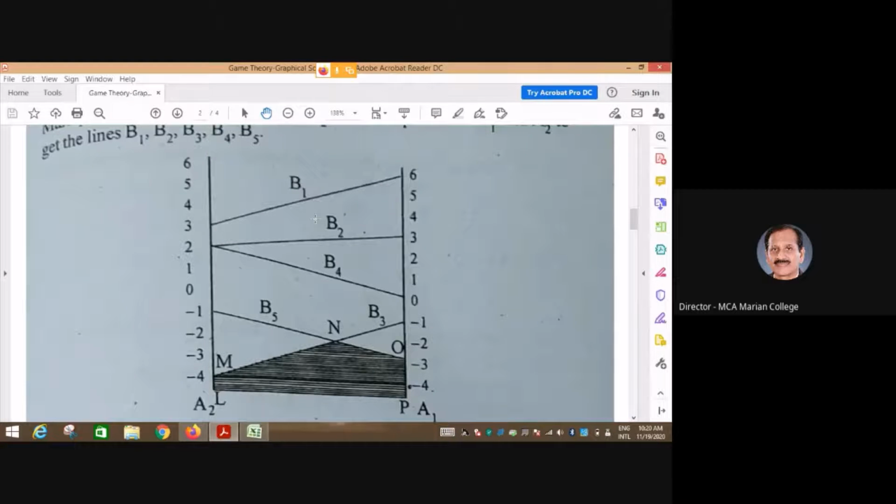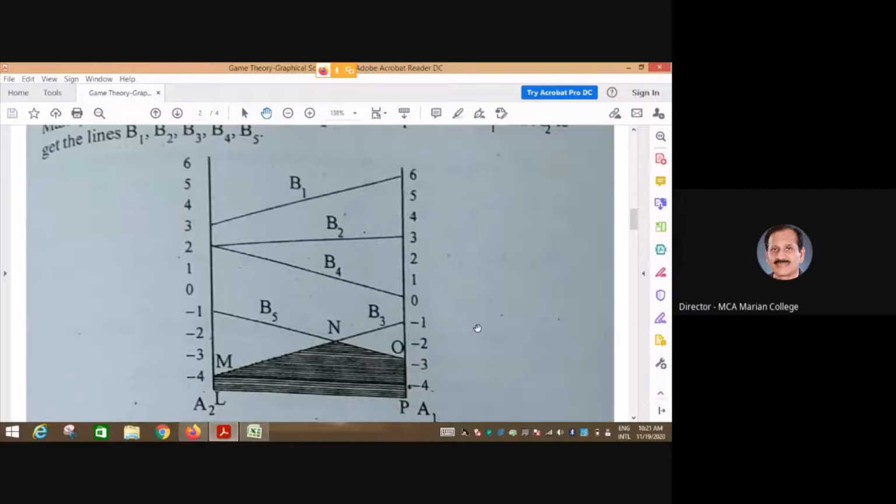Next one is B3. The values are -1, -4. -1 you can mark on A1, -4 you can mark on A2. So you can draw this line B3. You can join these points -1 and -4.